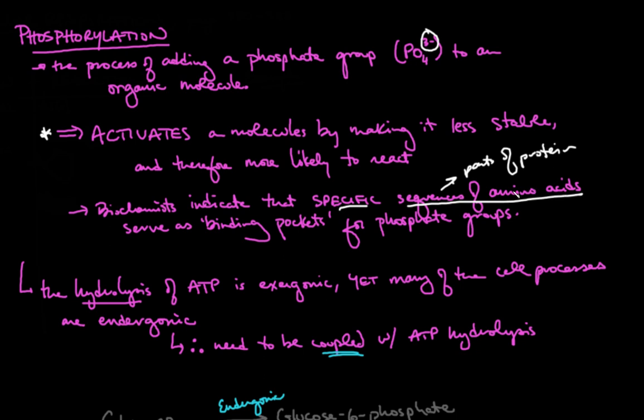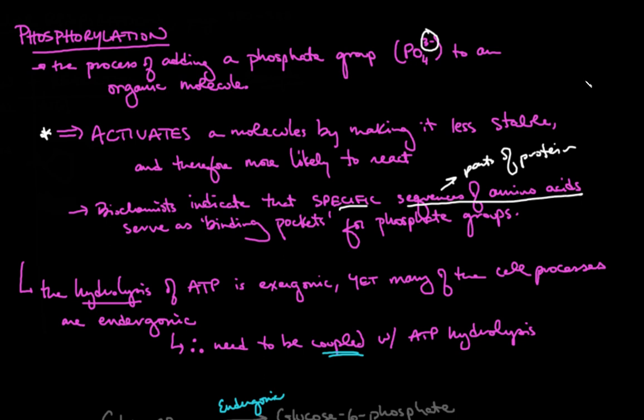These are locations on these proteins where these phosphate groups bind in, so that kind of creates this reaction. Think of it like an enzyme and the substrate. It causes this reaction, and it changes the shape of the protein and causes the protein to do work. And that's really the key here. So the more phosphates you add, the more reactive this molecule can be.